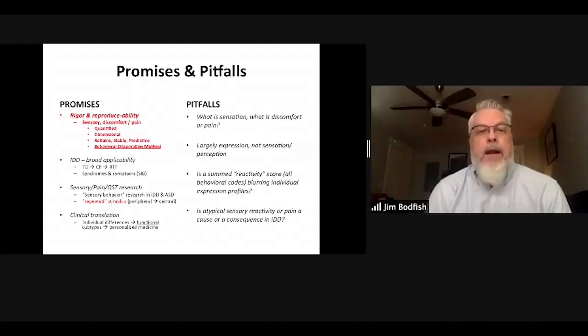Another kind of area of promise, I think, we're all seeing a lot more research on sensory behavior in developmental disabilities, in particular in things like autism. The lion's share, to put it bluntly, of this is done by parent report, and it's not really clear where that's going to be headed. And so this group has demonstrated a much more rigorous approach to do that.